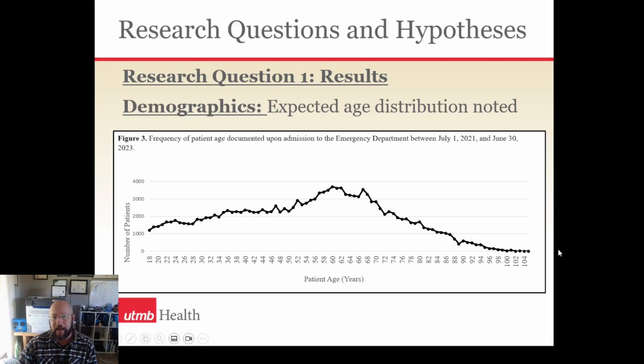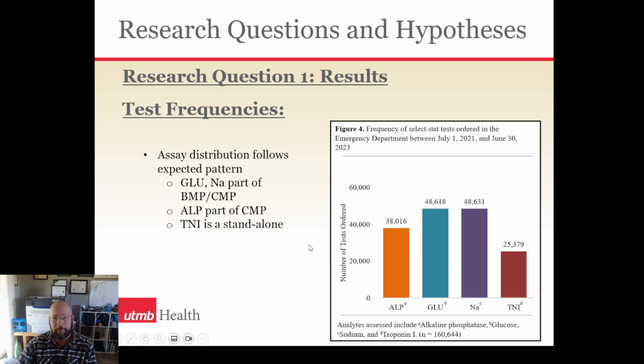This is an expected age distribution from 18-year-olds to 100-year-olds. As people age out, of course, we're going to have fewer patients. This is the frequency of the age upon admission in that population set. And here are the test frequencies. All of this is completely to be expected for an ED situation.